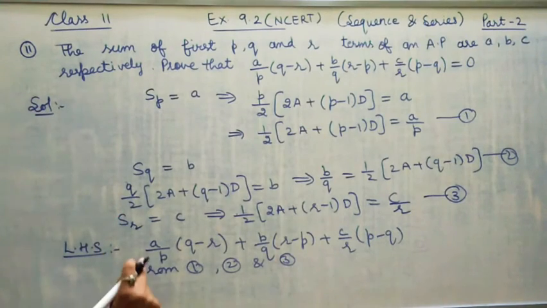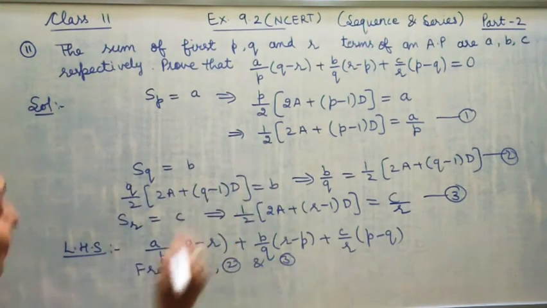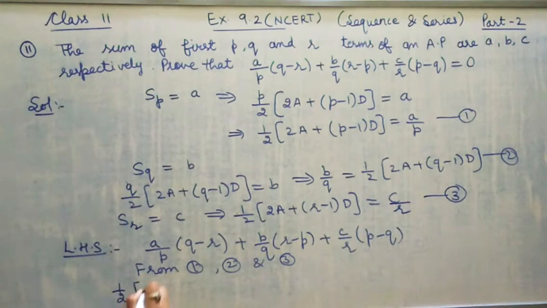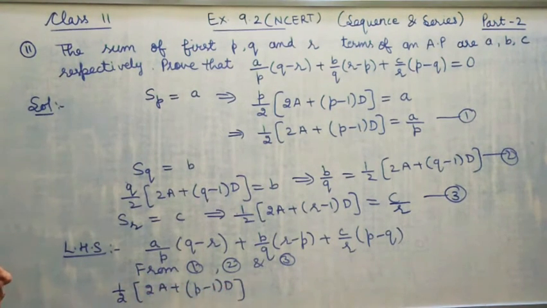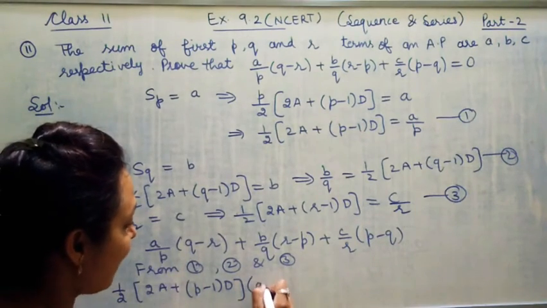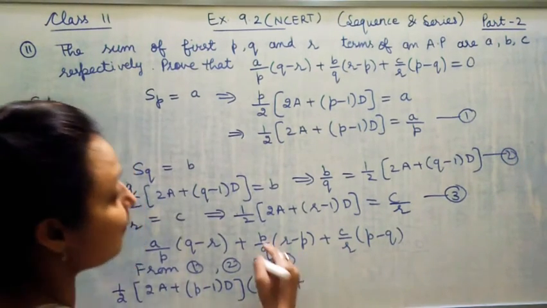What are the values? First, a by p is equal to half of (2a plus (p minus 1) into d), and (q minus r), along with this plus b by q.